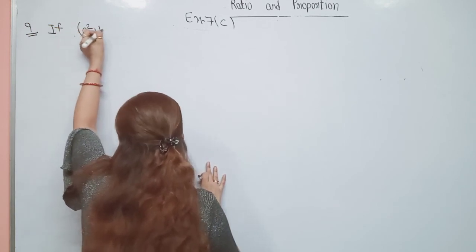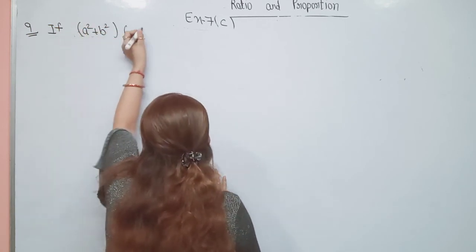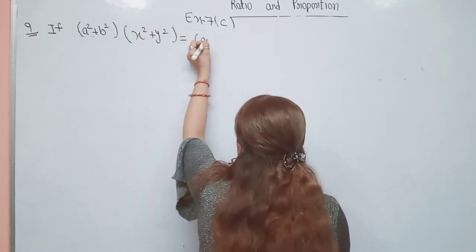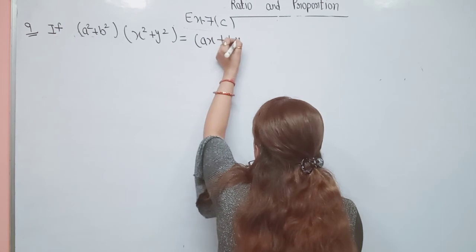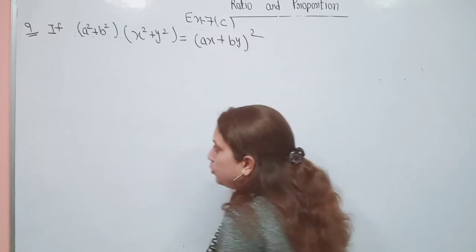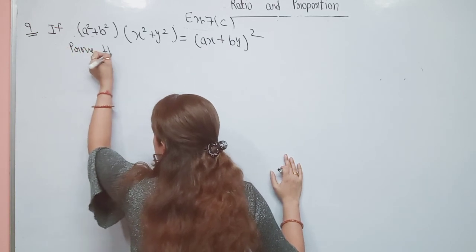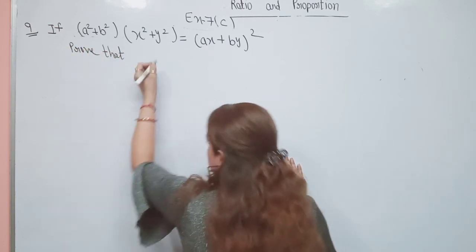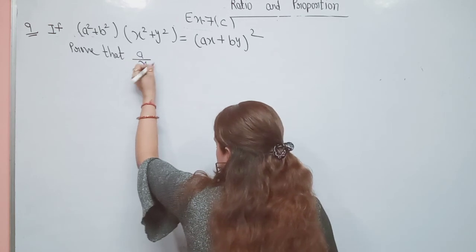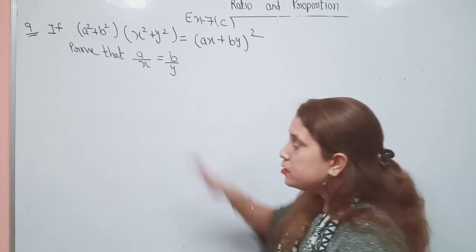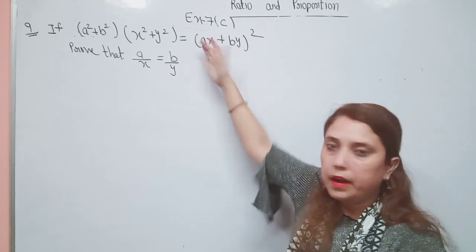If (a square plus b square) into (x square plus y square) is equal to (ax plus by) whole square, then prove that a upon x is equal to b upon y. Prove that. So first we write the given part. Okay beta.